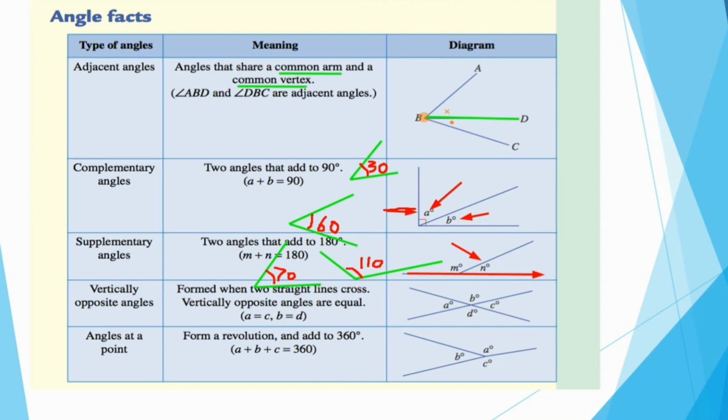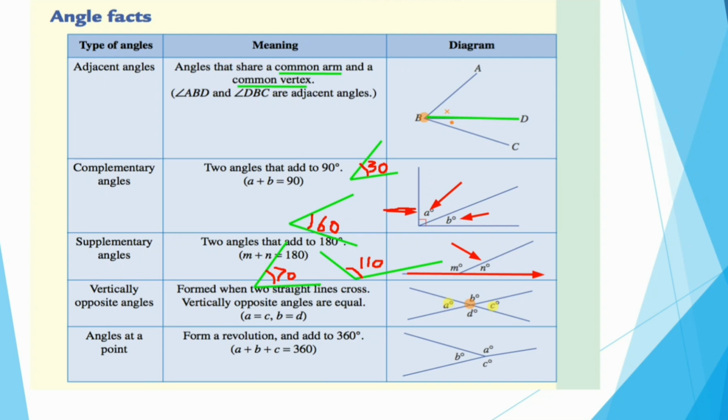Now in the next type, we have vertically opposite angles. So it's simple. When two lines are intersecting each other, so at intersection point, we have opposite angles. So one pair of opposite angles is angle A and angle C. They are vertically opposite because they are forming a cross here.